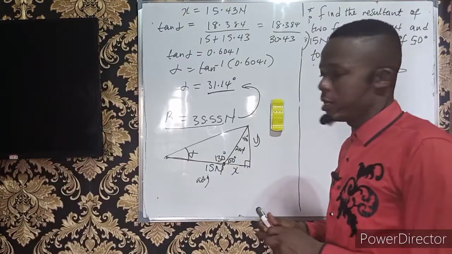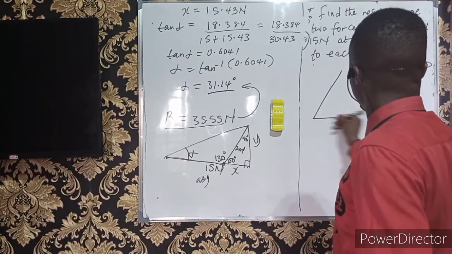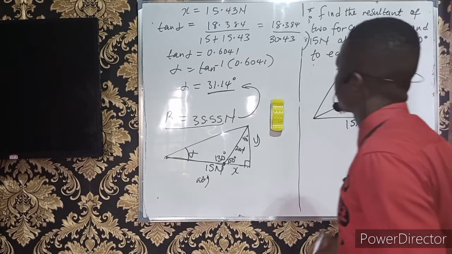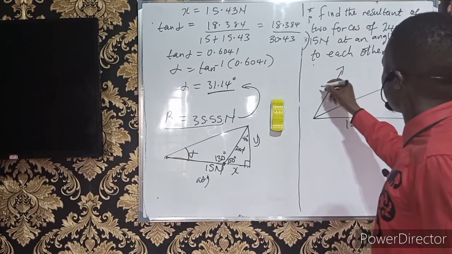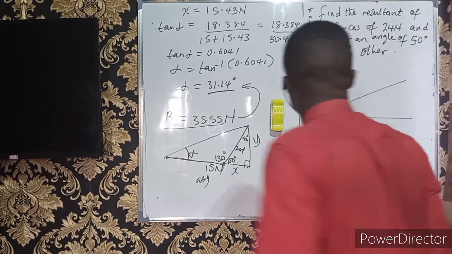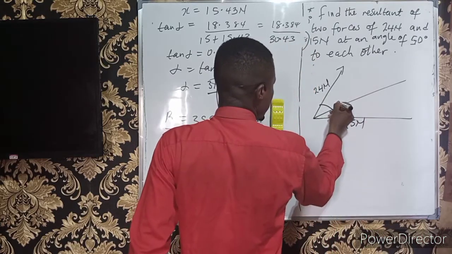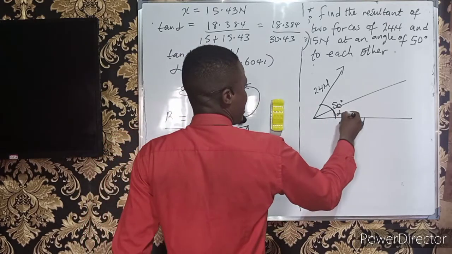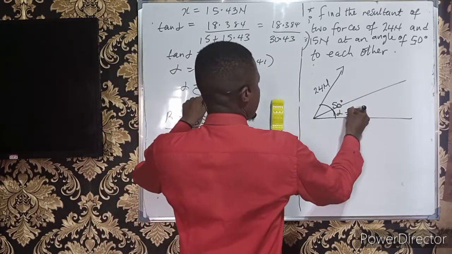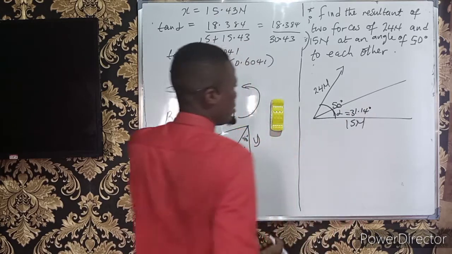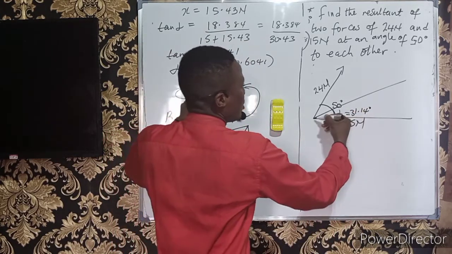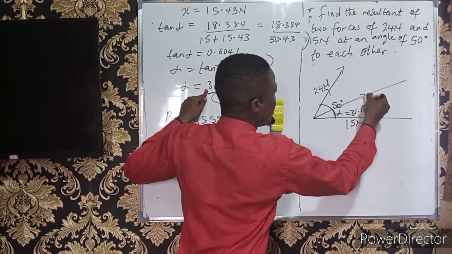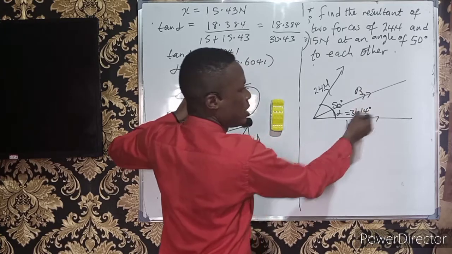Okay, now take a look at the original diagram. Where we have something like this. I have 15 Newton and 24 Newton here, and the total angle between them is 50 degrees, and I call here alpha. Okay, and that alpha, finally we find out that the alpha is 31.14 degrees. Okay, so this is the angle the resultant is making with the 15 Newton force.